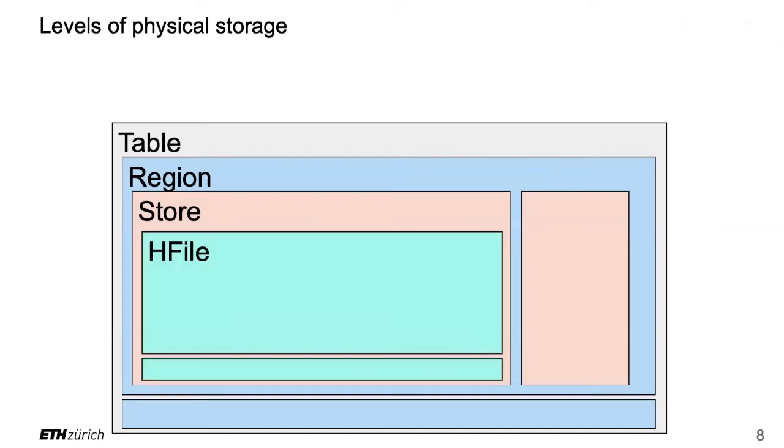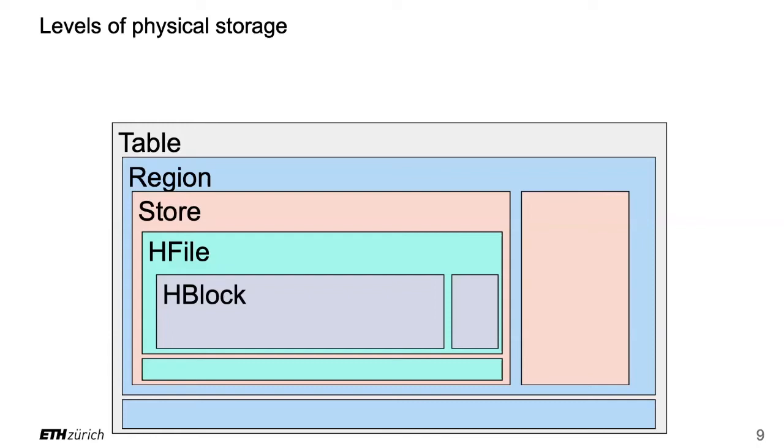Within the store, on the physical storage, so here I mean what is going to be persisted to HDFS, we have HFiles, one or more HFiles, and we'll see today how these HFiles are created and how it is that there can be more than one. Within an HFile, we saw that there are HBlocks, and within the HBlocks, there are the key values, and every key value gives you one value corresponding to a row, a column family and qualifier and a version. Okay, for whom is that clear?